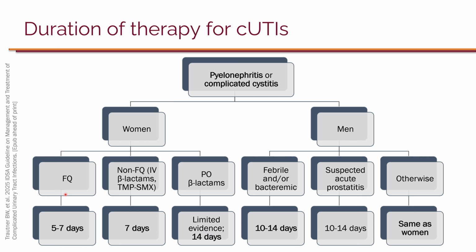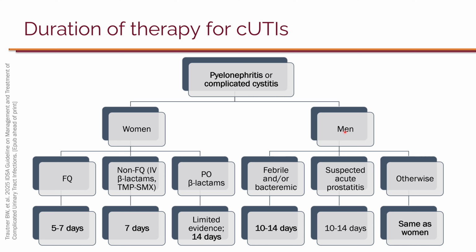Or if somebody had already received 5 days of fluoroquinolones and is switching to PO beta-lactam, you may not need this 14 days. You might say that actually we are done with treatment. So, you may question why we're switching to PO beta-lactam.